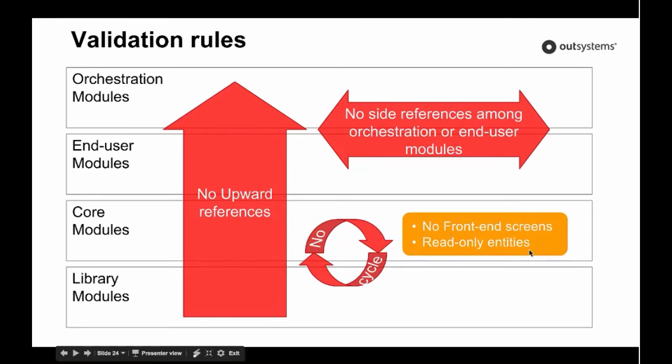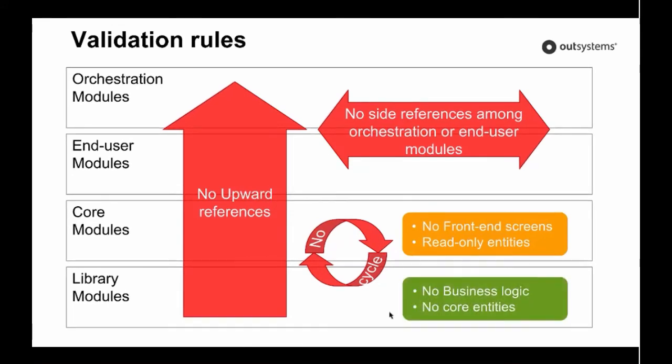It should have only read-only entities, and read-only means it can expose entities, but they should be set as read-only, so the consuming modules cannot start creating stuff in an ad hoc way, because you need to control all the creation. It's good to expose an entity because we leverage the capability of the platform to scaffold a new screen and to aggregate information, and so on and so forth. But all the transactions and the creations and updates should be controlled by the core module.